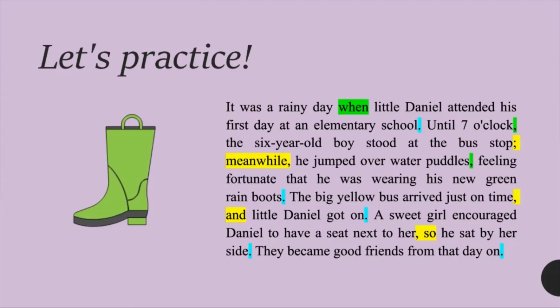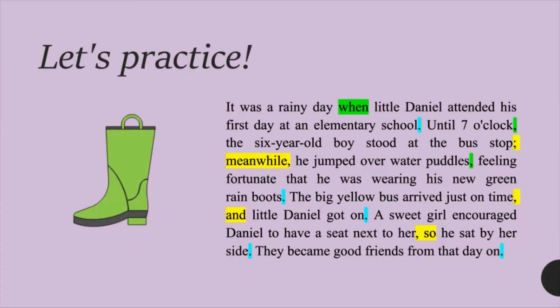After that, we've got two compound sentences, each one formed by two independent clauses joined by a comma plus one of the fanboys. Thus, in the sentence, The big yellow bus arrived just on time, and little Daniel got on, we use and to add a similar idea.